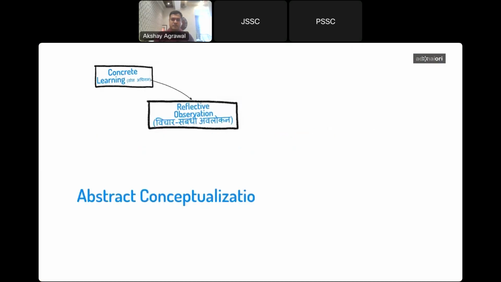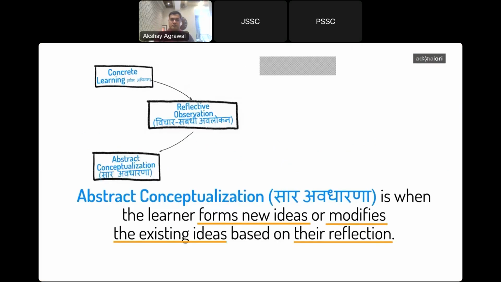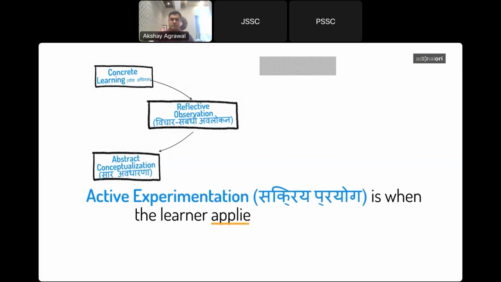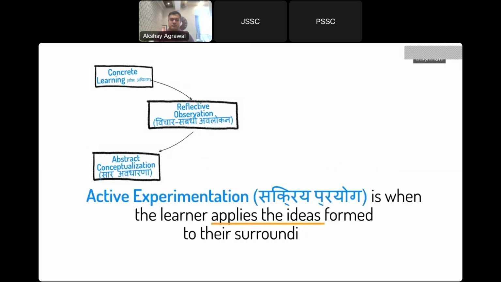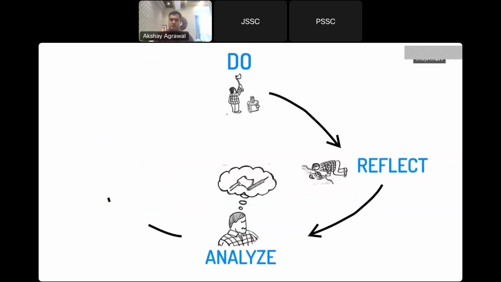Abstract conceptualization is when a learner forms new ideas or modifies the existing ideas based on their reflection. And finally, active experimentation is when the learner applies the ideas formed to their surroundings. It is simply called do, reflect, analyze, apply in a continuous cycle and not a sequence.